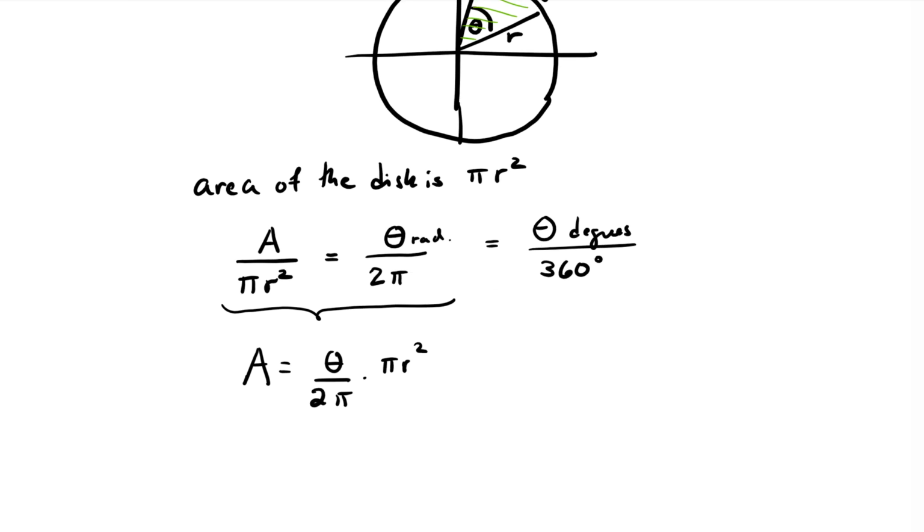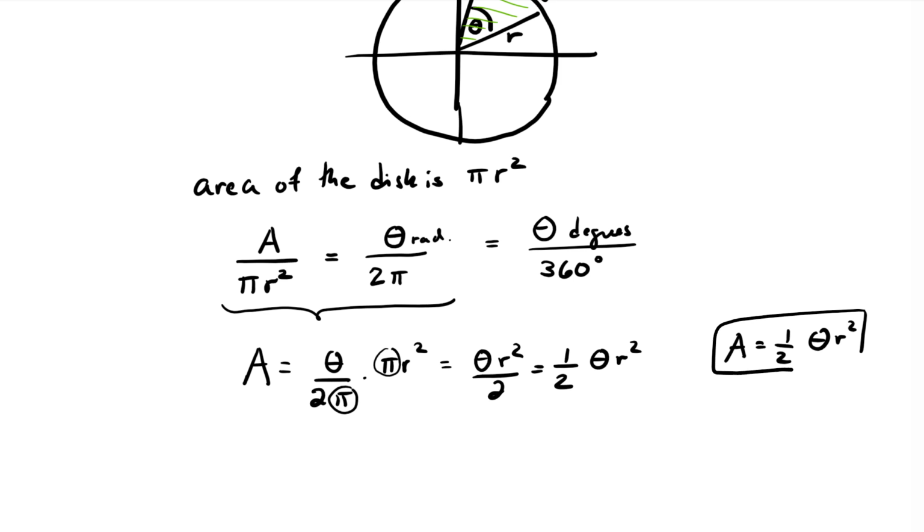The beauty of working in radians is that the pi's cancel, so you get theta r squared divided by 2, often written as 1/2 theta r squared. That's how it's written in your book. But that only works if theta is in radians.